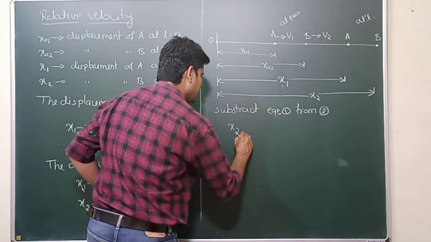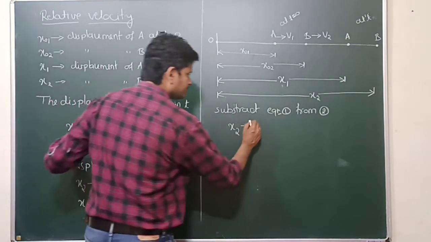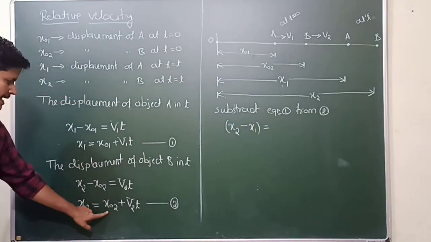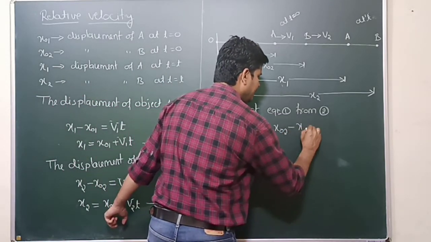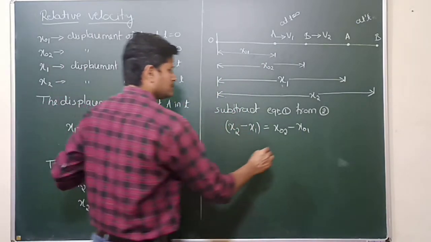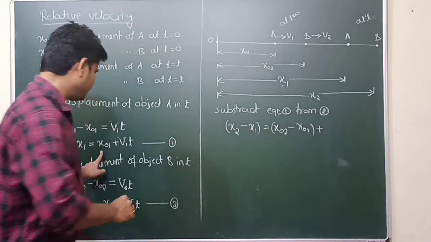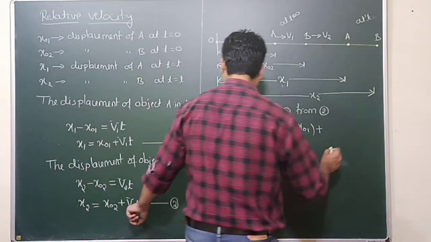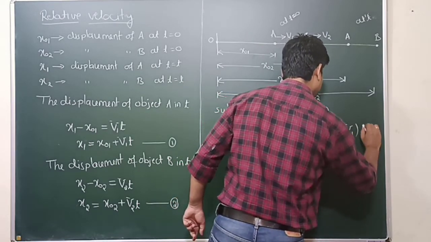Then x2 minus x1 is equal to x02 minus x01, plus (v2 minus v1) into t.